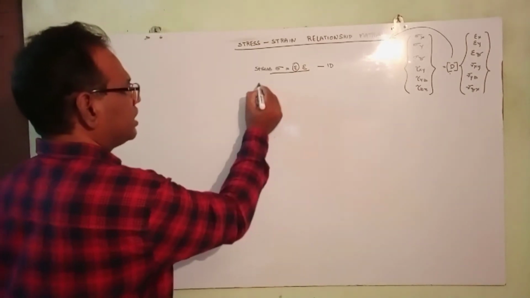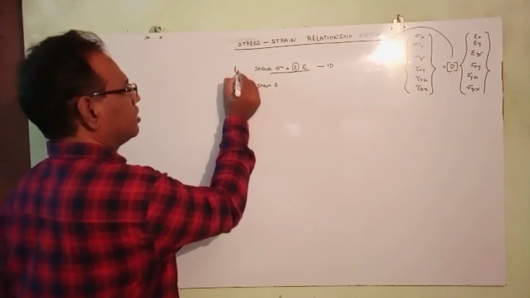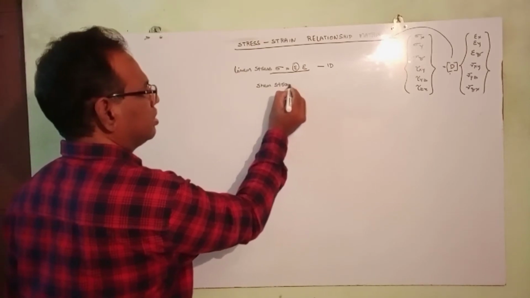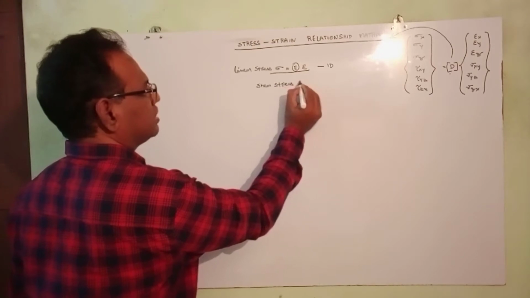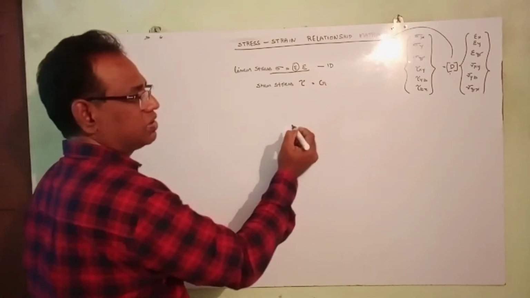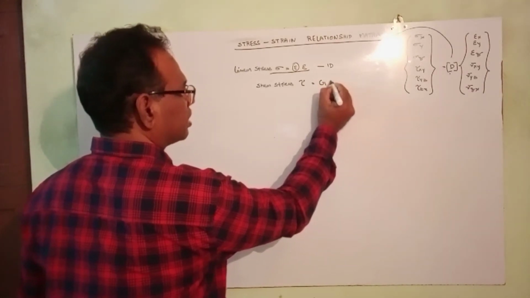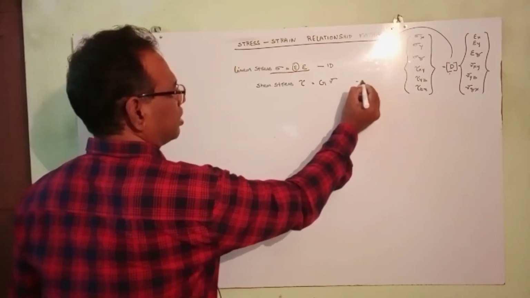Similarly for shear stress, tau is related to the modulus of rigidity, or shear modulus, into the corresponding shear strain. This is for the one-dimensional case, and similarly for the two-dimensional case.